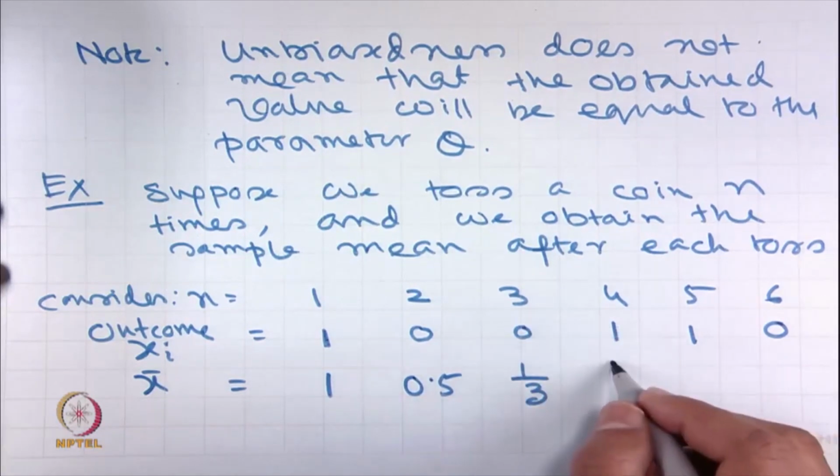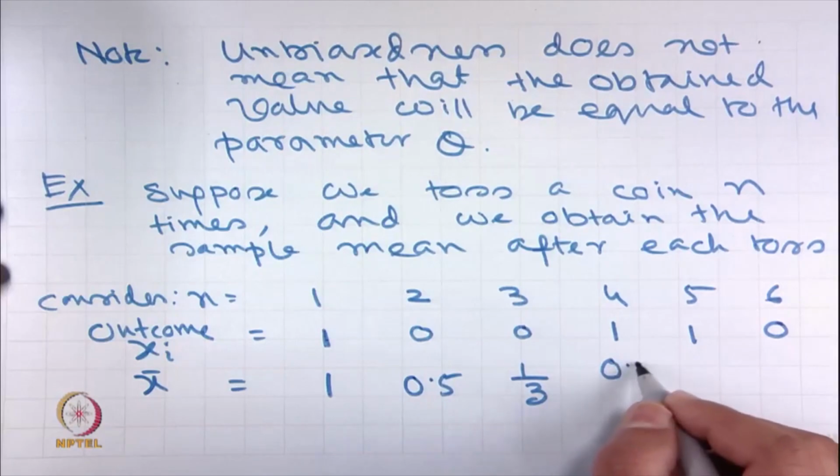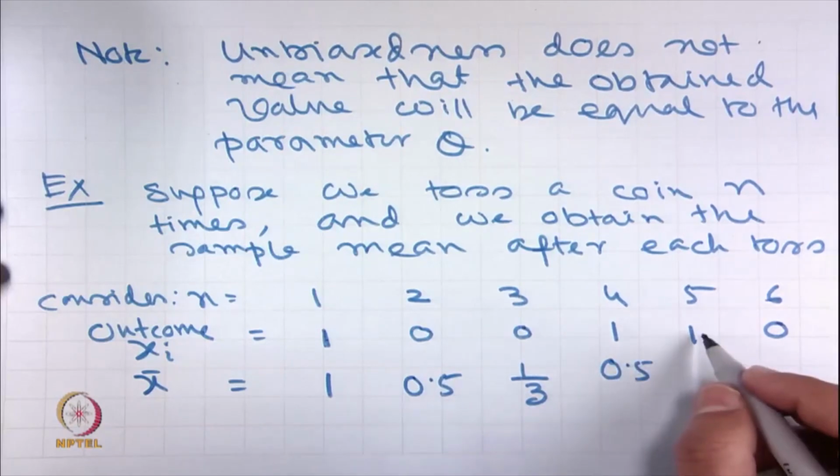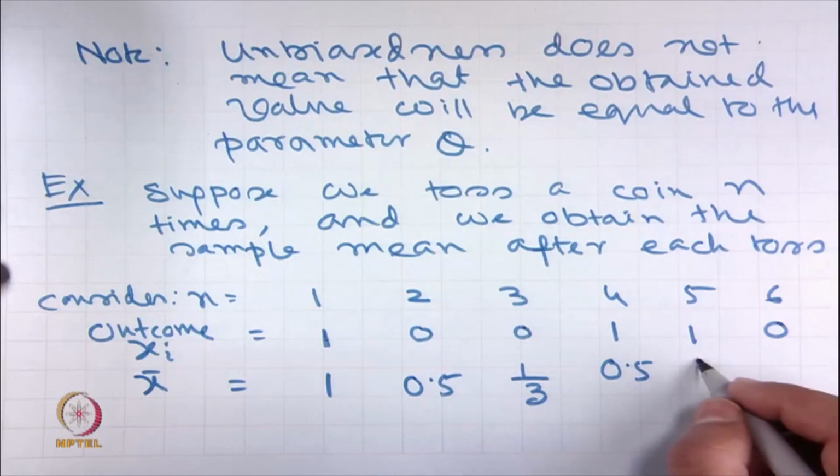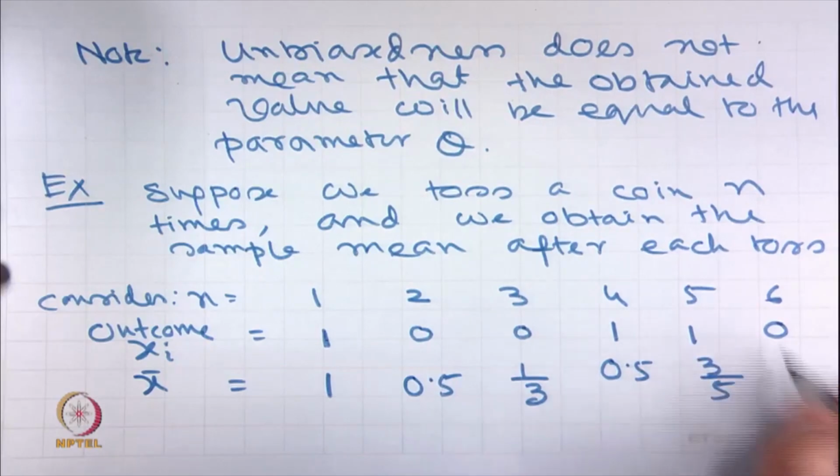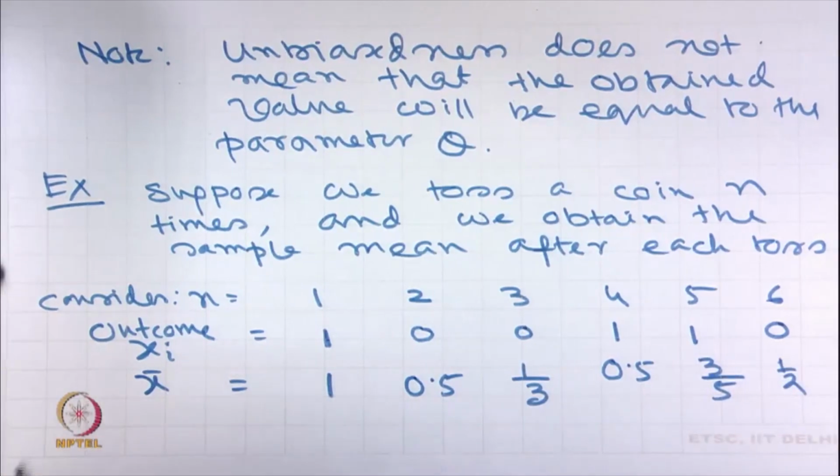At this point it is again 0.5 or half. At this point it is 3 by 5. At this point it is again half. So, depending upon how many tosses you have actually done, the obtained value of the statistic can change.